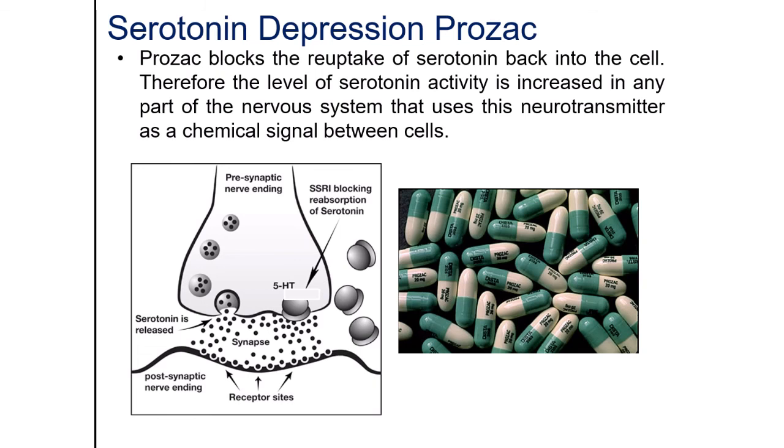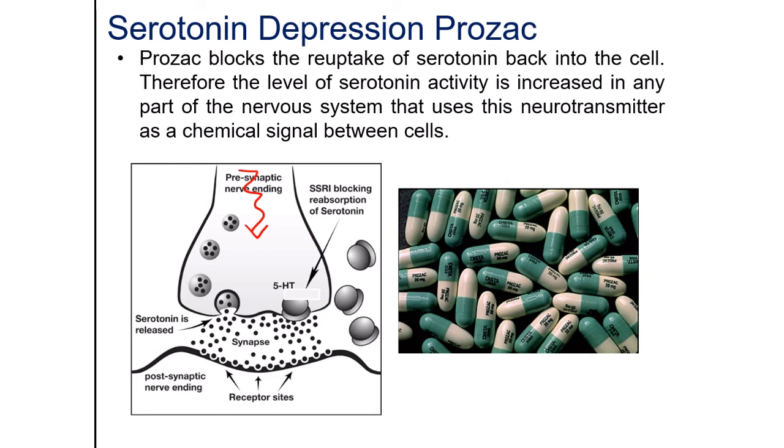So let me just refresh your memory a little bit. Normally, what happens is the action potential would come, and calcium comes in, and you will release the serotonin into the synaptic cleft, and then they would be reabsorbed back in, because we need to remove the neurotransmitters from the cleft, right?